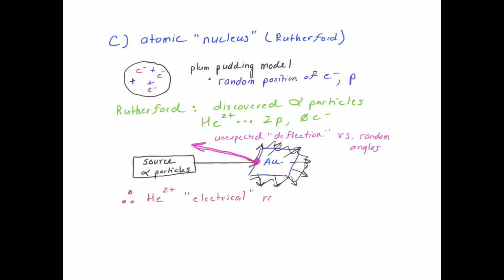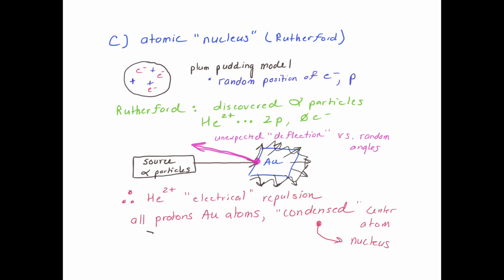And so he had to come up with a new model of the atom which would explain this severe deflection of these alpha particles, and thus this is what we call the nuclear model of the atom, in which we believe that all of the protons that have the positive charge reside in a very tiny region of space at the center of the atom, and that the electrons exist outside of that region of space within the body of the atom.